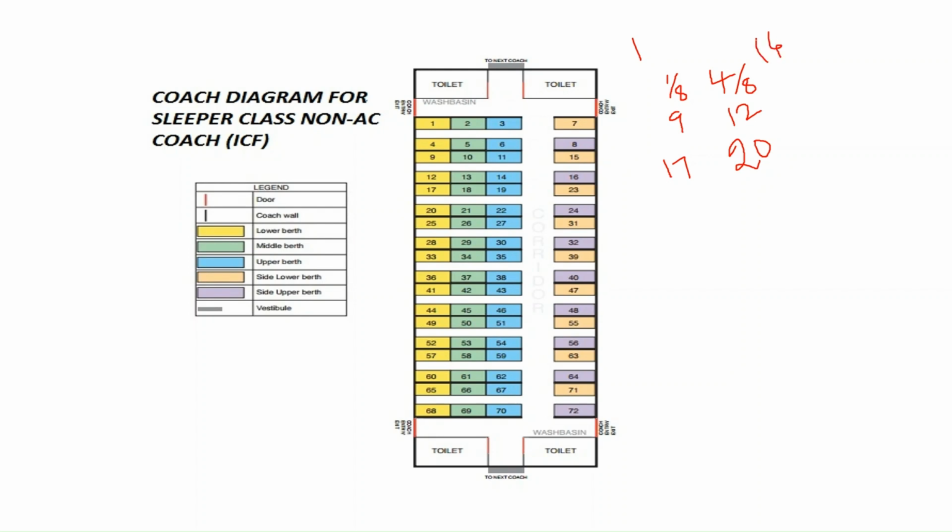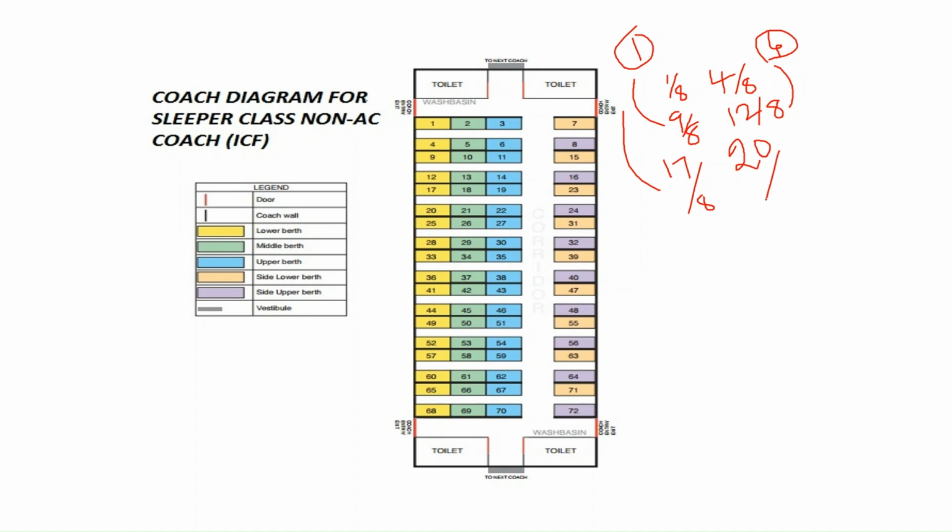Now look at the following numbers. When I divide 9 by 8, I get the remainder 1. When I divide 12 by 8, I get the remainder 4. When I divide 17 by 8, I get the remainder 1.